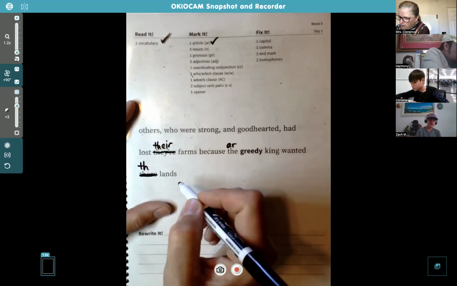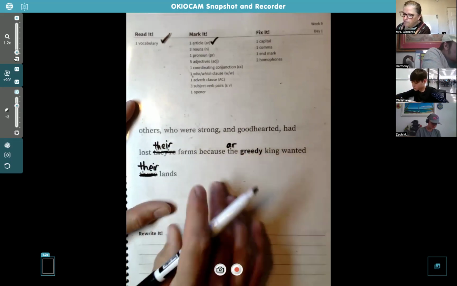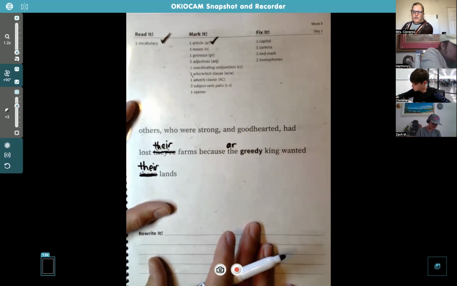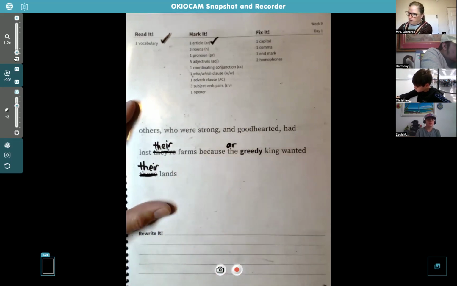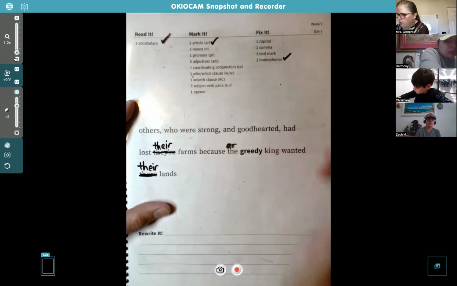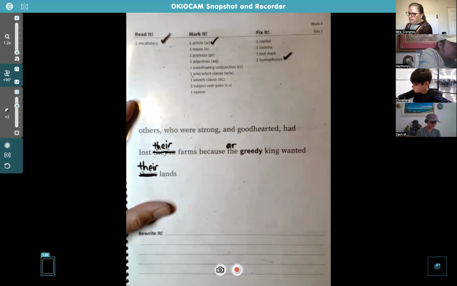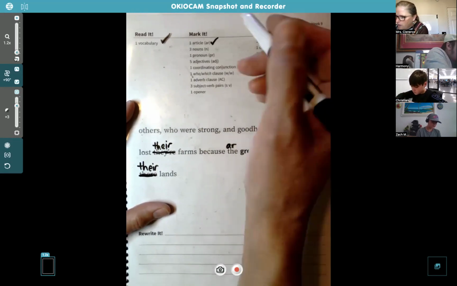Is it THEIR again? It is. Yes, good. That's right. They're both THEIR, which means the lands belong to them and the farms belong to them. So we could put a check by homophones there. It's okay to jump around this list, by the way, on your homework if it helps you. I like to fix those obvious ones.